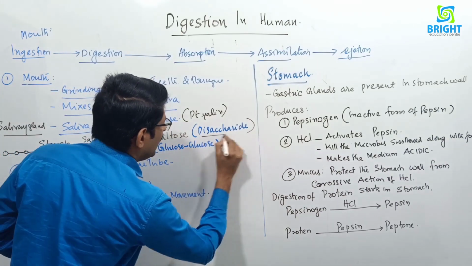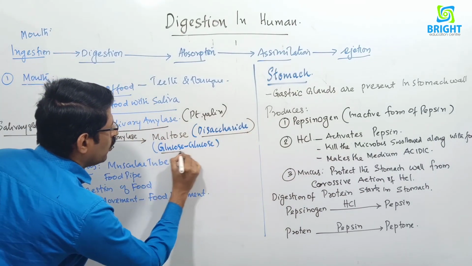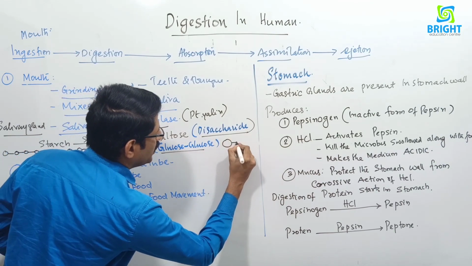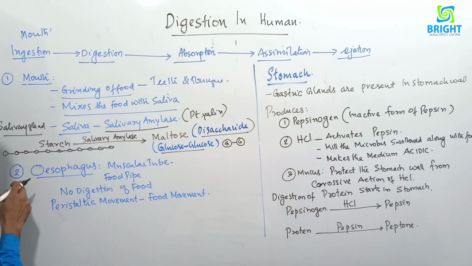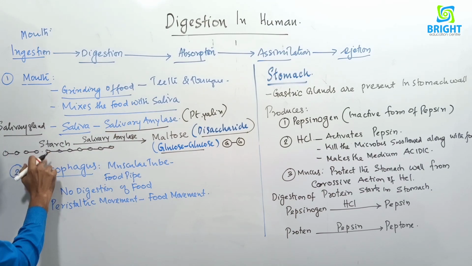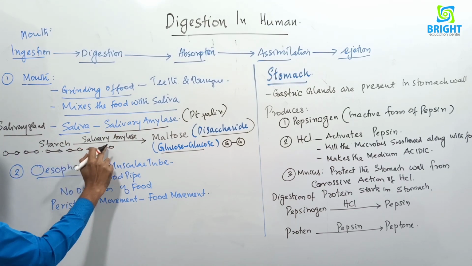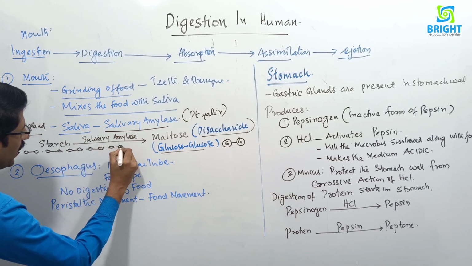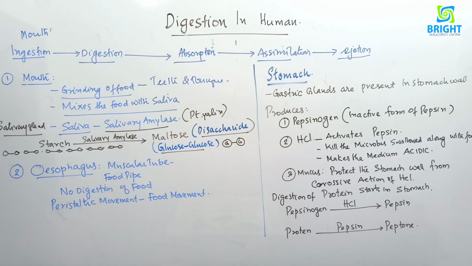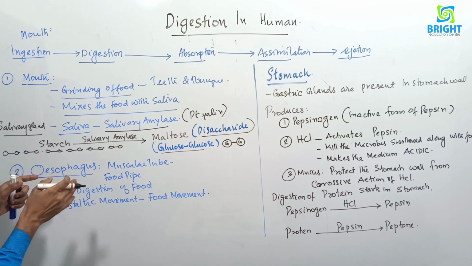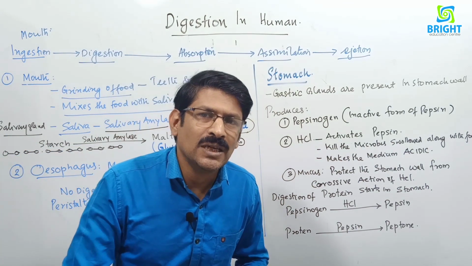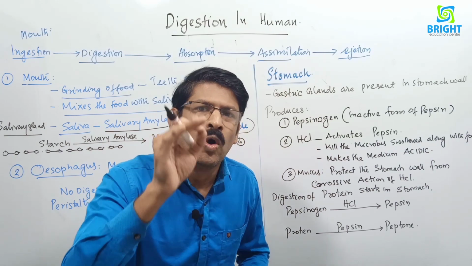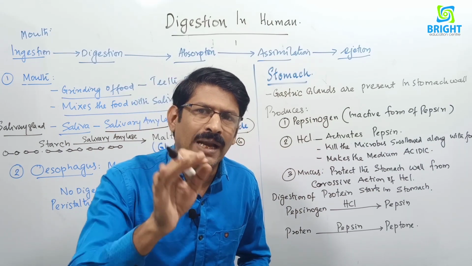Maltose is a disaccharide. What is a disaccharide? Two glucose units, one glucose unit bonded with another glucose unit. So it is a long chain and it breaks down into two united molecules, which is called a disaccharide or maltose. So salivary amylase acts in saliva and digests the starch to produce maltose, a disaccharide.